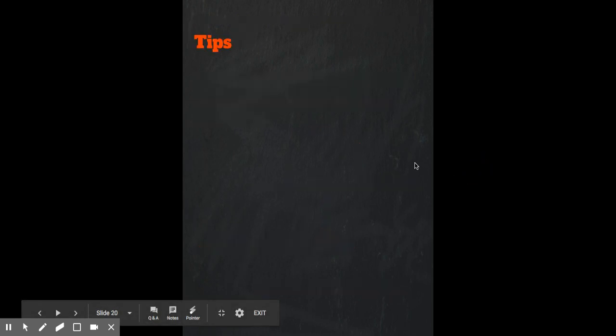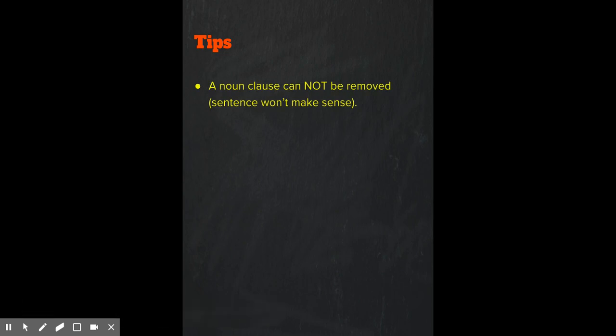Okay, so we make a little tree, and then we do basically our regular diagram on top of that little stand or tree. All right, so some quick tips. A noun clause cannot be removed. The sentence won't make sense. So that's a good test if you're not sure if you have a noun clause. Try to remove the clause, or the group of words, and see if the sentence still makes sense. Now, I said they can't be removed, but noun clauses can be replaced, which is a really good little test. If you think you have a noun clause, you can try to replace that clause with this, that, or someone, something.